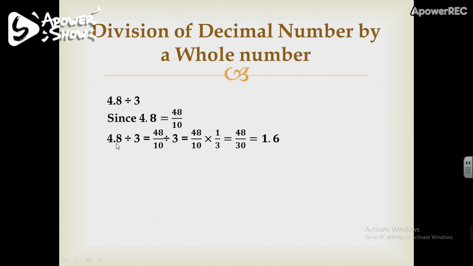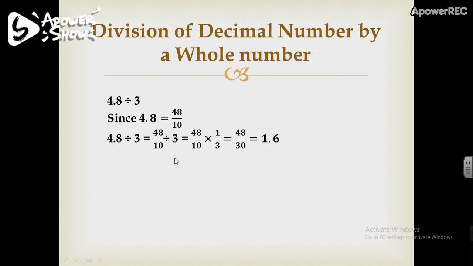So either you can write 4.8 or you can write 48 by 10, both are same. So instead of writing 4.8, I am writing 48 by 10 divided by 3.